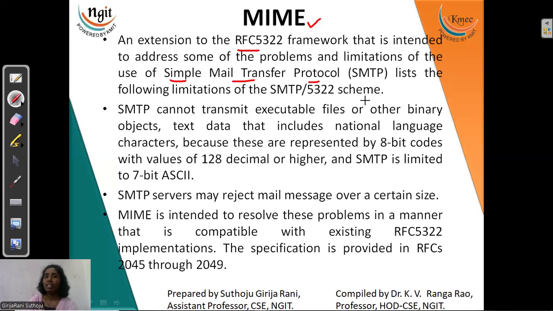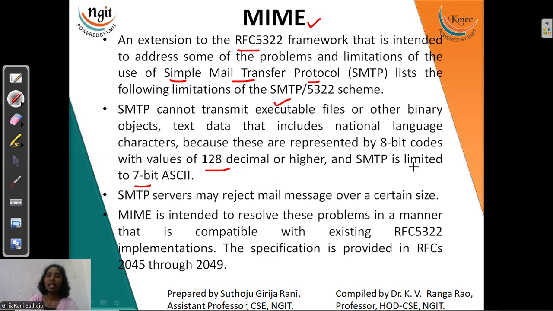the protocol has a few limitations: it cannot transmit executable files. It can go with only 128 decimal points of data, so more than 7-bit ASCII it cannot send. It can also reject mails if they are not of a proper size, so the size limitation is also there.